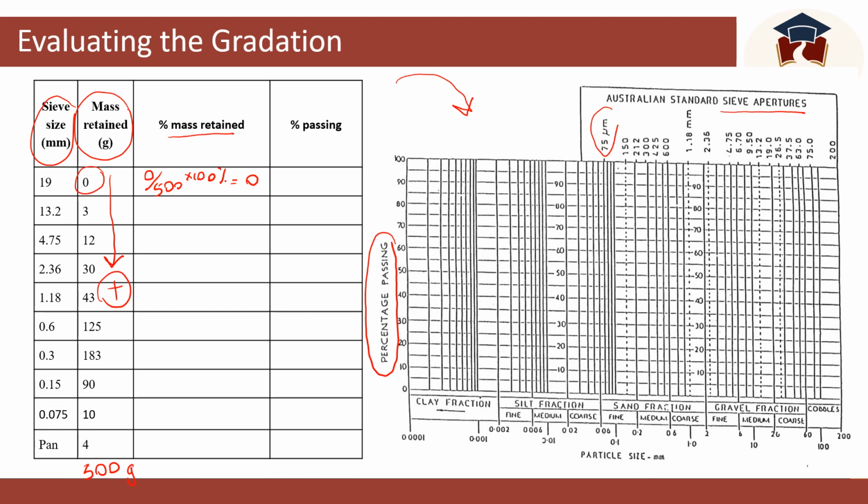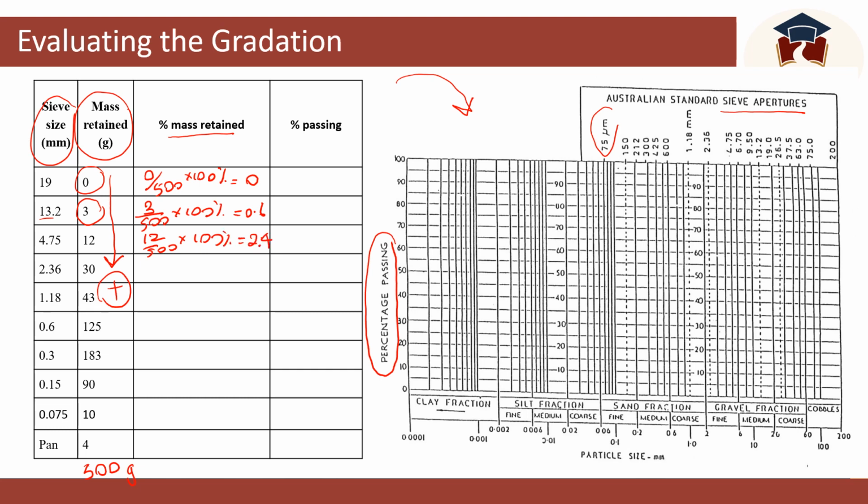And in the second sieve, which is 13.2 millimeter, we have 3 grams retained in that sieve. So that percentage mass retained will be 3 divided by 500 times 100%. So this will be 0.6. Similarly, the third one will be 12 divided by 500 times 100%, and this will be 2.4.